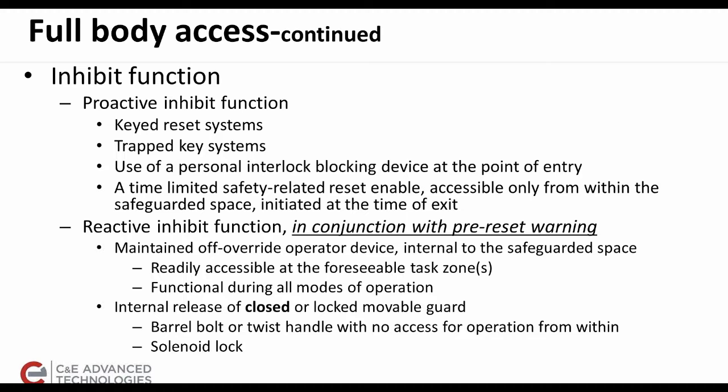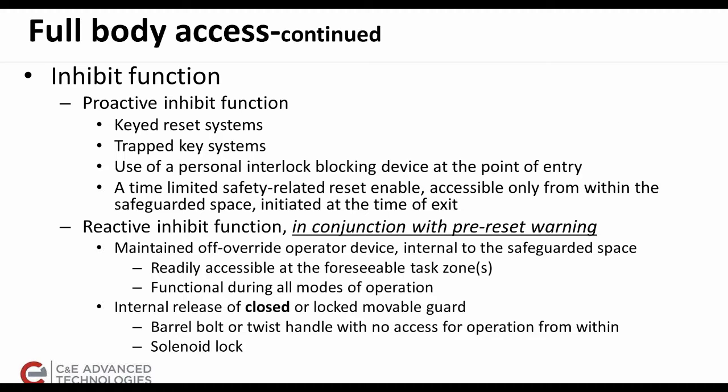These are actions that we take as we enter the safeguarded space using keys, trapped key systems, personal blocking devices at the point of entry, such as affixing a lock to the interlock section so that the limit switch can't be re-engaged, those kinds of things, or using a time-limited safety reset enable, which is set when an individual starts to leave the hazardous space, and for only a short period of time can the reset function.